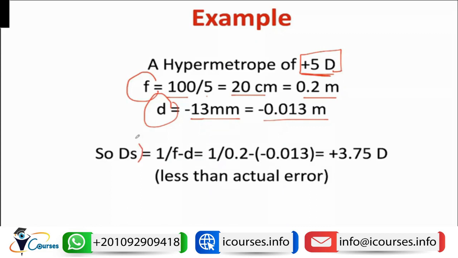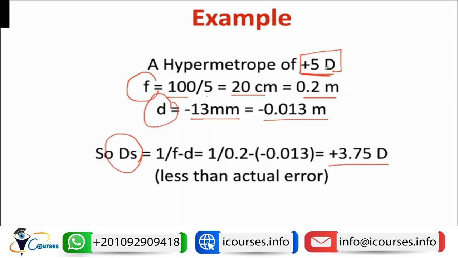So to calculate the power of the correcting convex lens in the case of glasses, it will be 1 divided by F minus D. So it will be 1 divided by 0.2 in the plus form, because this is a plus lens, minus 0.013, which will equal plus 3.75.